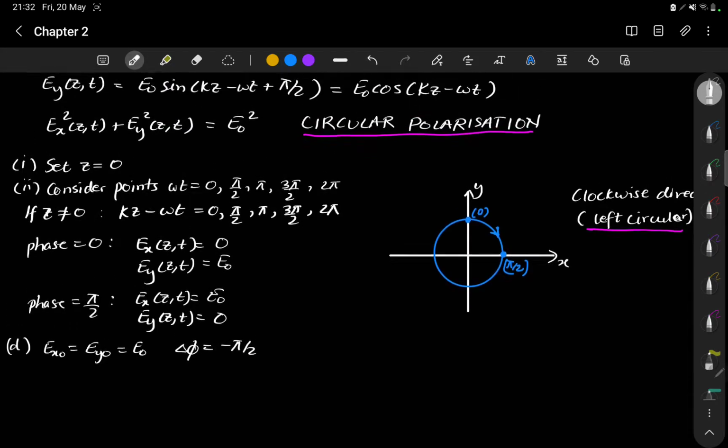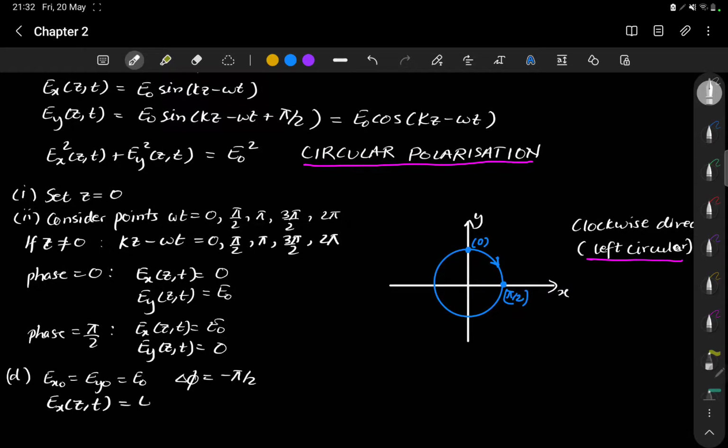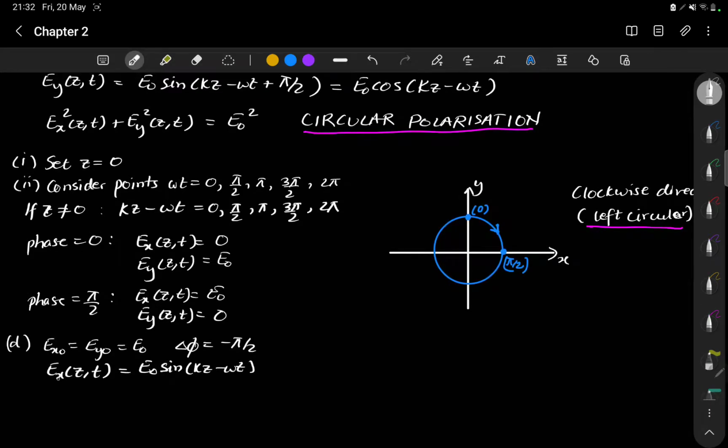In this case, we will write the electric fields. This is as follows.